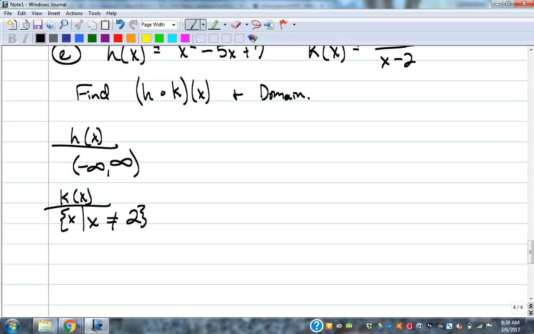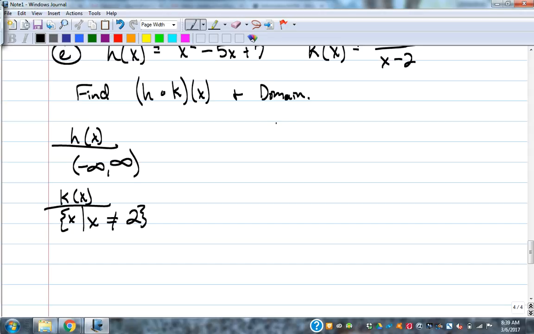That's right, Dylan. Good job. Since there's no restrictions on the first function, you don't have to do that. You can skip on to the composite function. And we should see that the composite function should have a domain matching the second function.